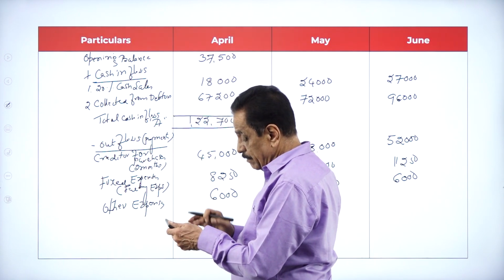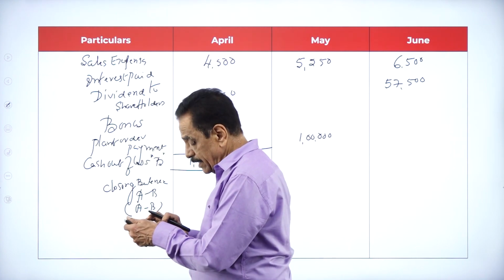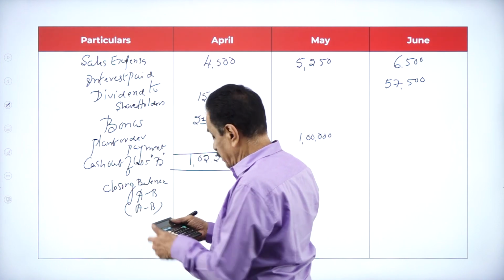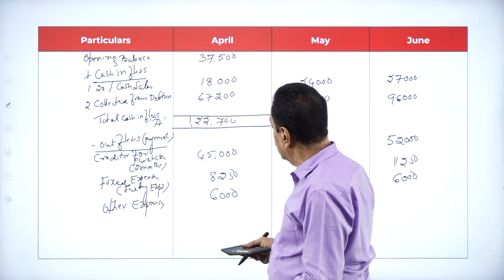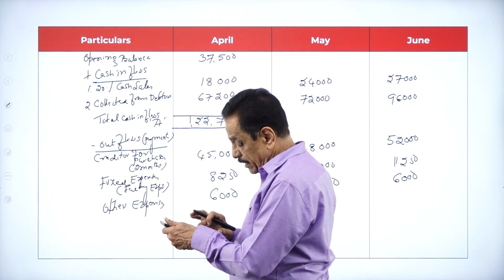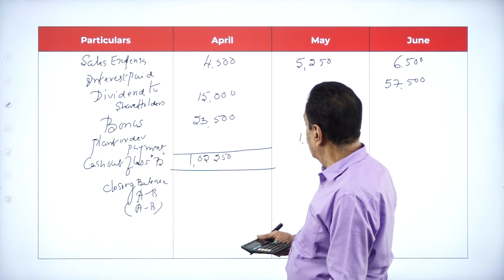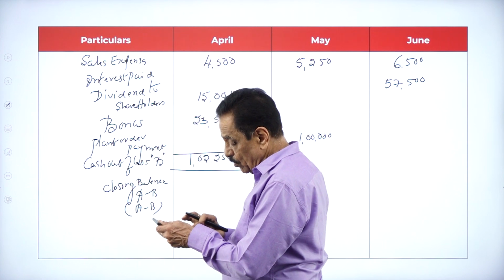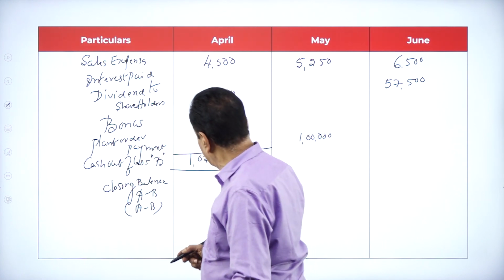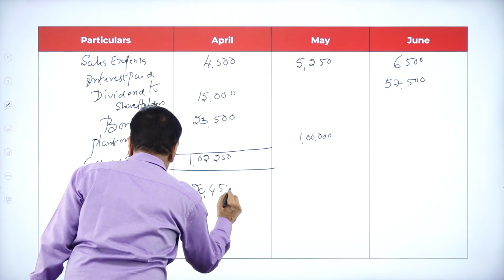1,22,700 minus 1,02,250, 20,450. This is the closing balance.